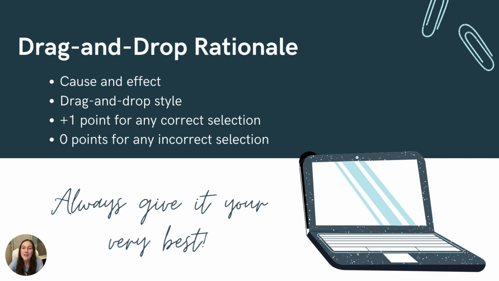And number two, to get any points at all on these, you must have the cause or that first concept, that first blank correct. So we'll do an example in just a second where you need to identify a priority client for our first blank, and you must select that correct client to get any points at all on this question. Now, let's dive into this practice question and see what it looks like.